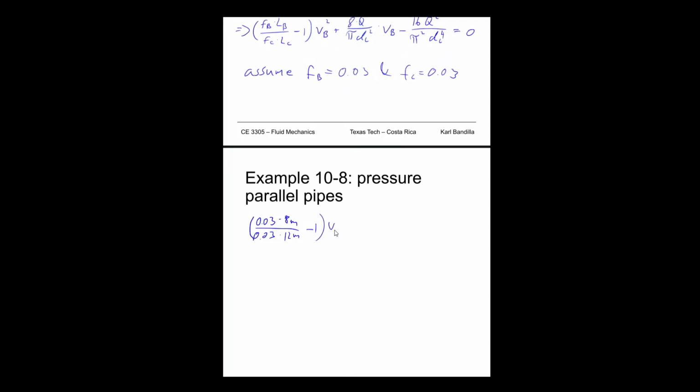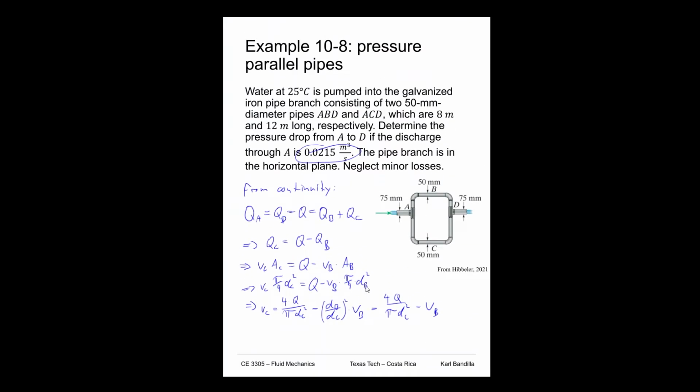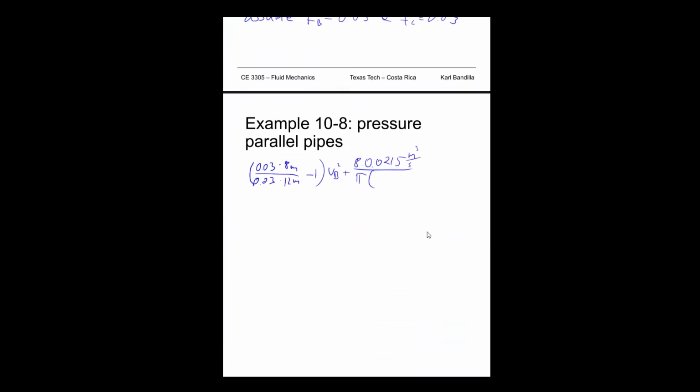Minus 1 times VB squared plus 8 times our Q, which was 0.0215 cubic meters per second, divided by pi, divided by the diameter. What's the diameter? 50 millimeters. Divided by 0.05 meters squared.